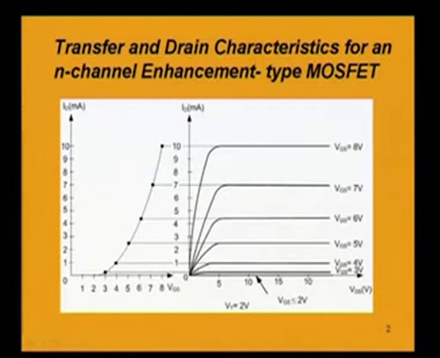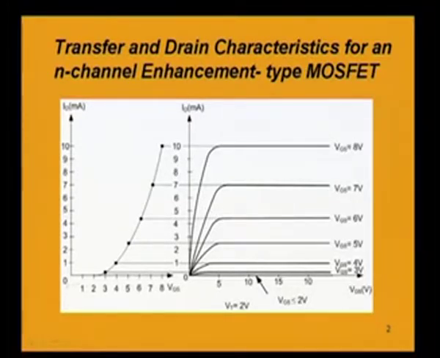So the axes will be here gate to source voltage, VGS in volt, and the drain current in milliampere. And we are plotting the drain characteristic for gate to source voltage from 3 volt onwards, 3, 4, 5, 6, 7, 8 volts.